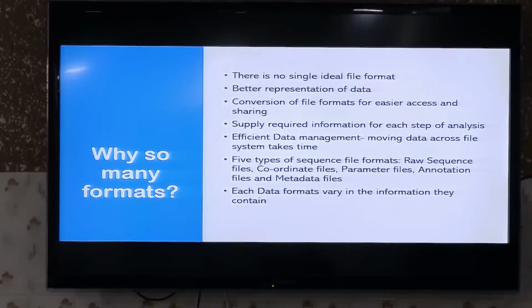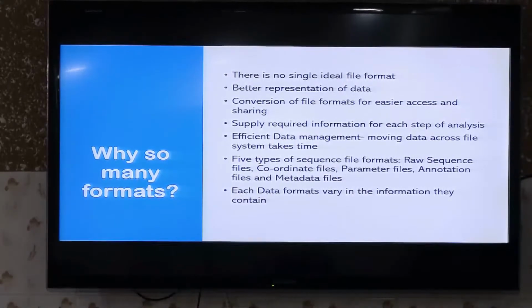Right? Third one is parameter. In the upcoming session, we will come to know that different parameters are given to the software which you are using. So the software will ask you to define your parameters in a file.